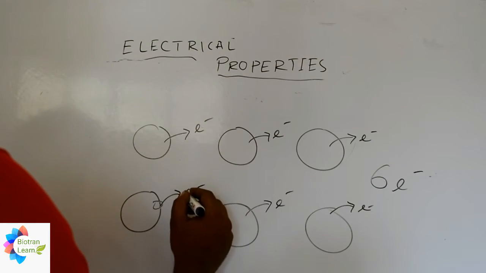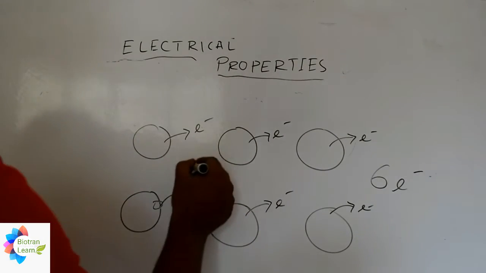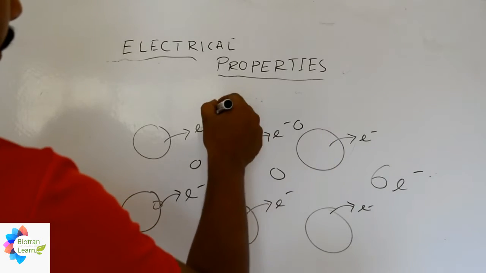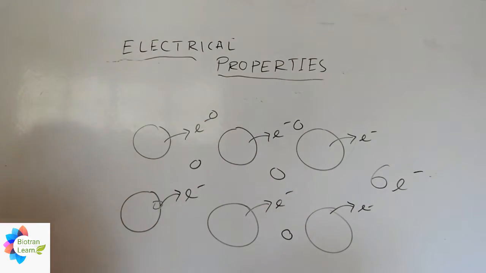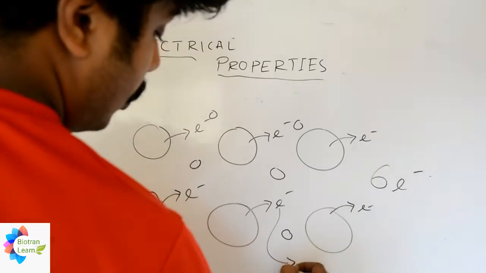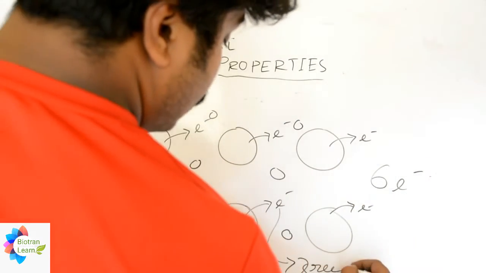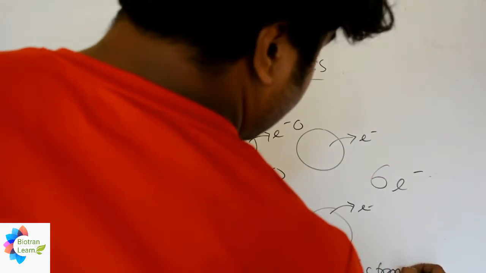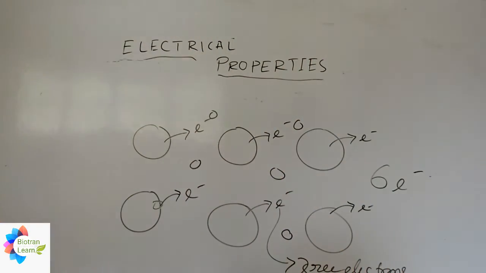So these electrons will lie in the interstitial spaces and they will be considered as free electrons. These free electrons will help to conduct the electricity.